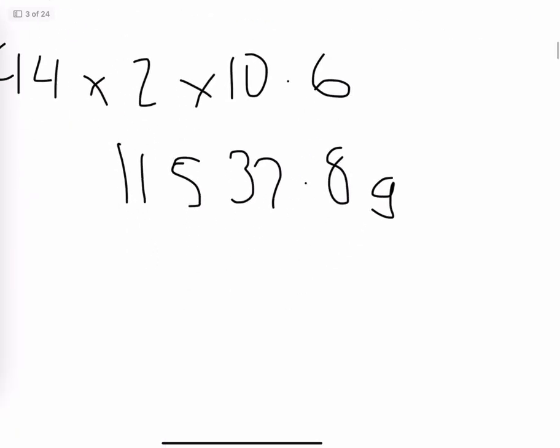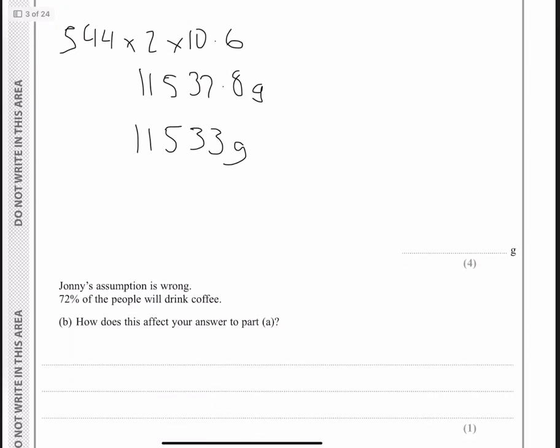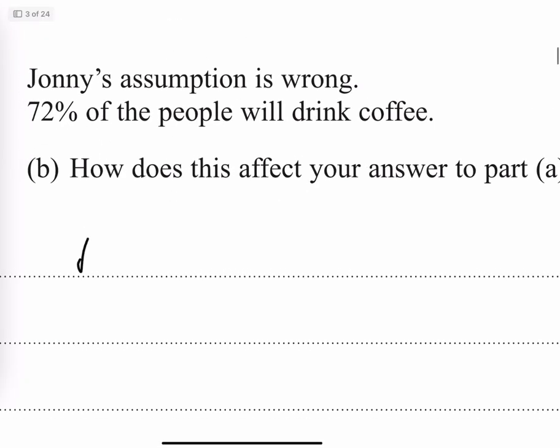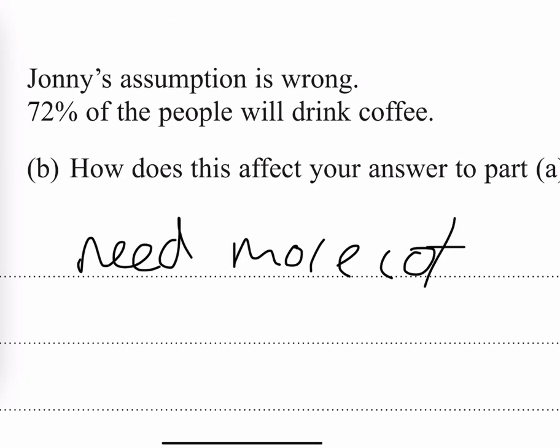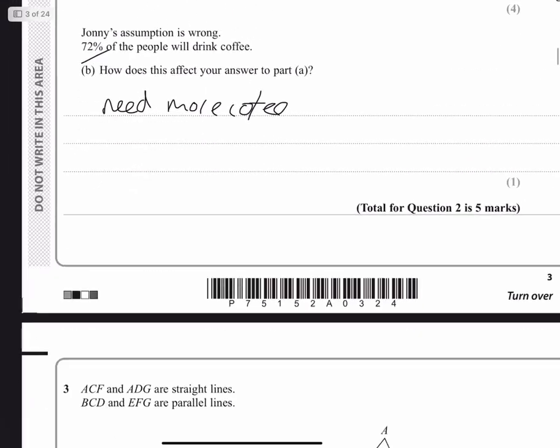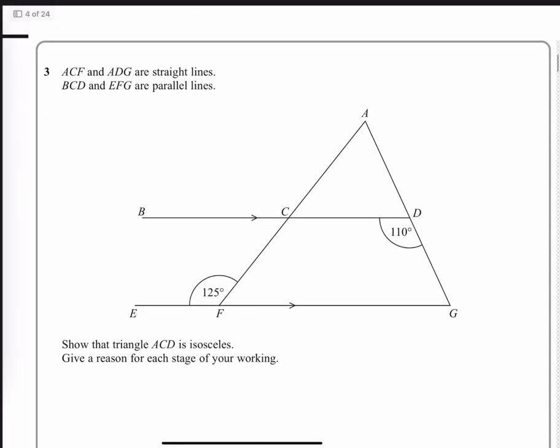They want it to the nearest gram, so that's 11533 grams. More people drink coffee than we thought, so we need more coffee. Right, because this number's bigger. So, yeah, he's going to run out of coffee. You know what to write. You don't need to see me write.